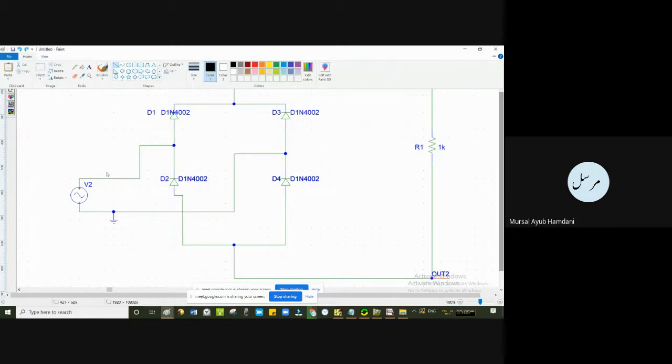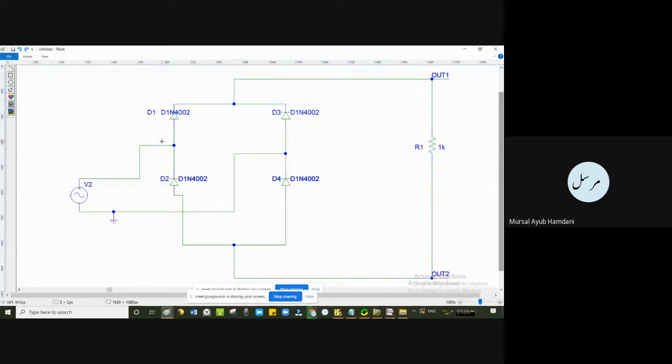In the negative half cycle, this will be negative and this will be positive. If it is negative here, negative connected to the cathode will render this short circuit. This will be the forward bias orientation. So at this point, because we have negative, this will be reverse biased and this will be forward biased.